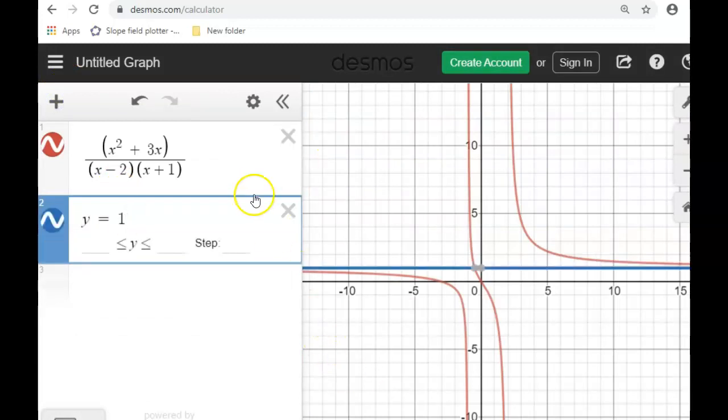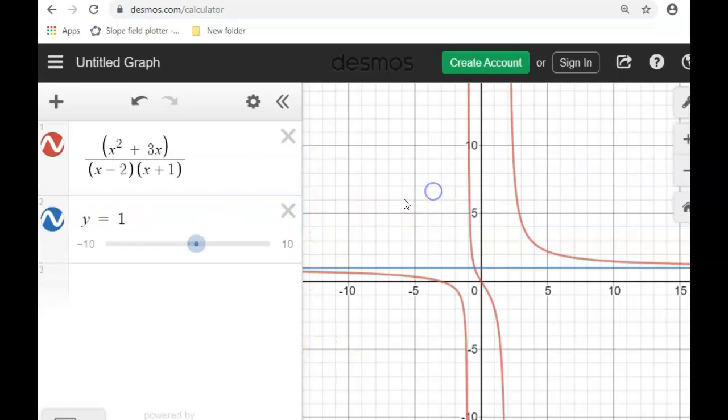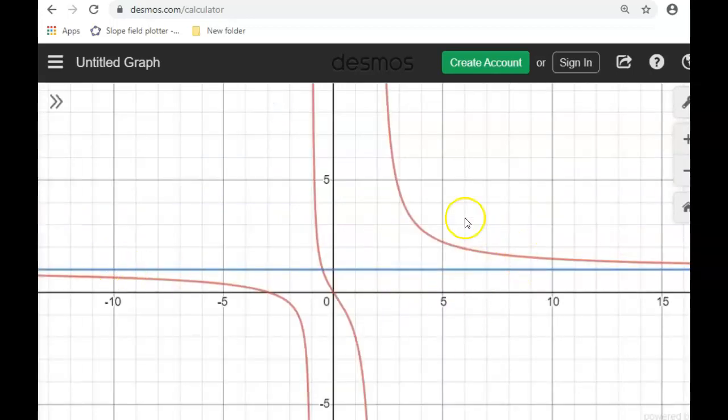There it is. So y equals 1 is that horizontal asymptote, and that's the blue line that the function is approaching as I move to the right and left forever. I didn't write the limit to the left, but the way you would write that is that the limit as x approaches -infinity of my function is also 1.